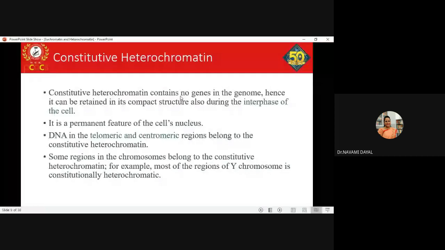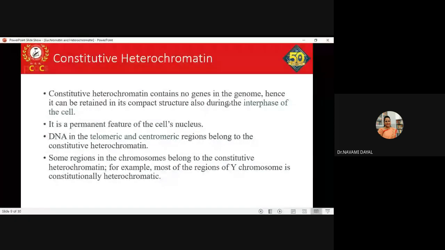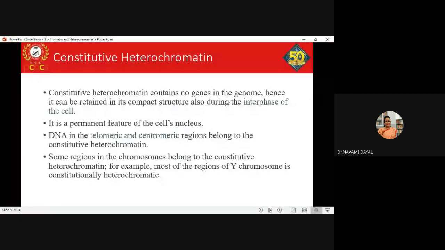So in that particular area there are no genes, and hence it can be retained in its compact structure, also during the interphase of the cell.